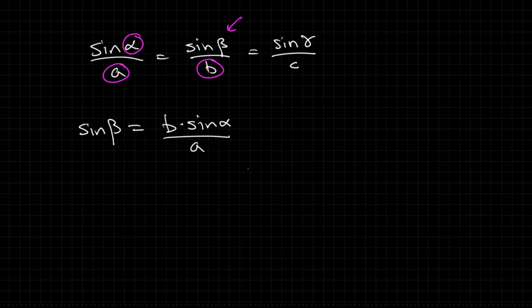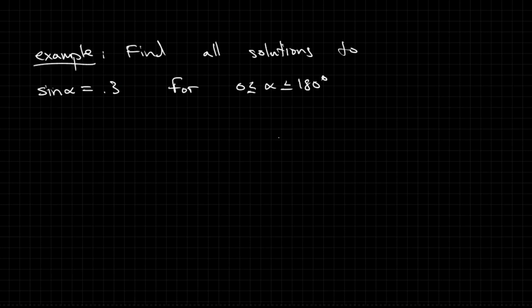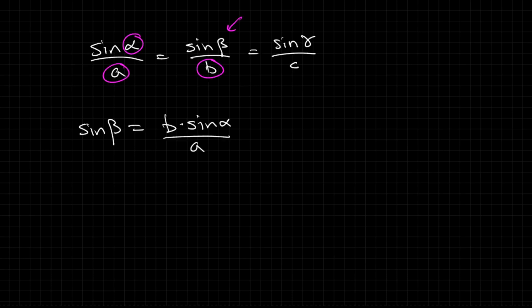Here there is a subtle detail that we need to talk about before we can go on to this type of law of sines problem. The detail is we need to discuss how to find all solutions to sine alpha equals a number. If we knew alpha, a, and b, then this quantity on the right-hand side would be known.